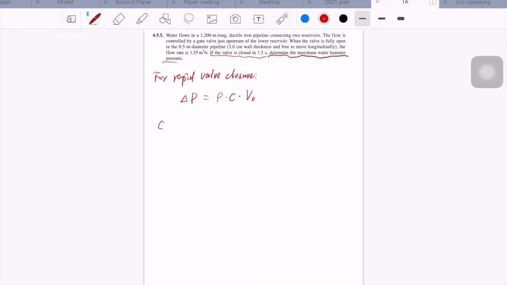And we also know C equals the square root of EC divided by density, and 1 over the EC equals 1 over the EB plus D times K divided by EP times E.